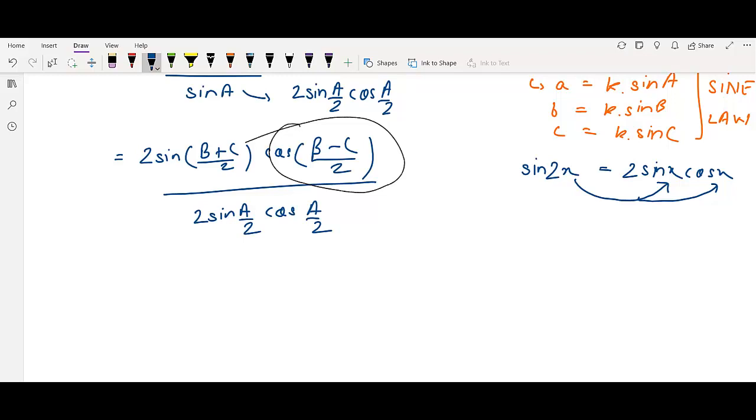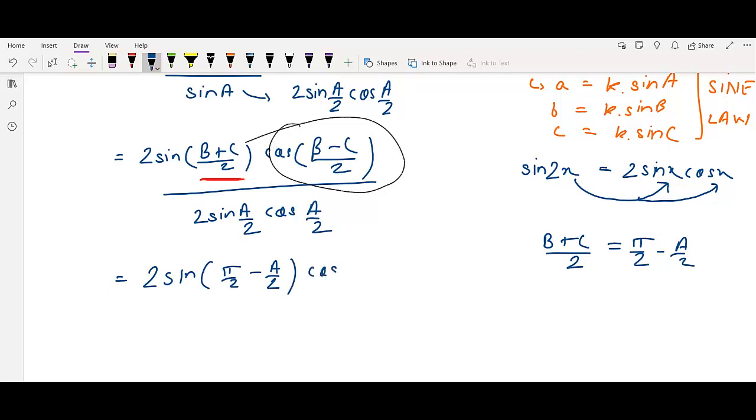Now as I told you, (b plus c) by 2 equals pi by 2 minus a by 2. Let me write that down. So I can write this (b plus c) by 2 as pi by 2 minus a by 2. I get 2 sine of (pi by 2 minus a by 2) into cos of (b minus c) by 2.